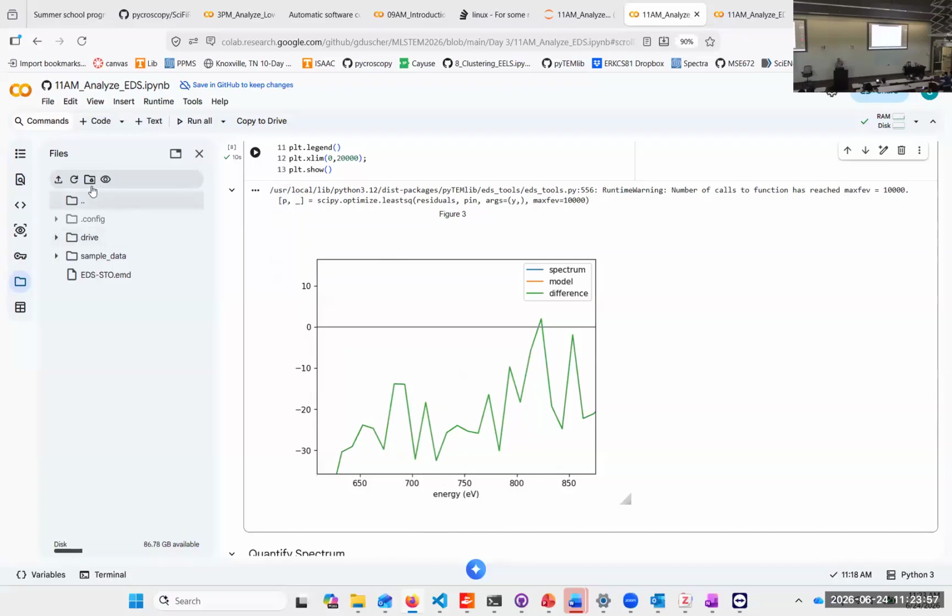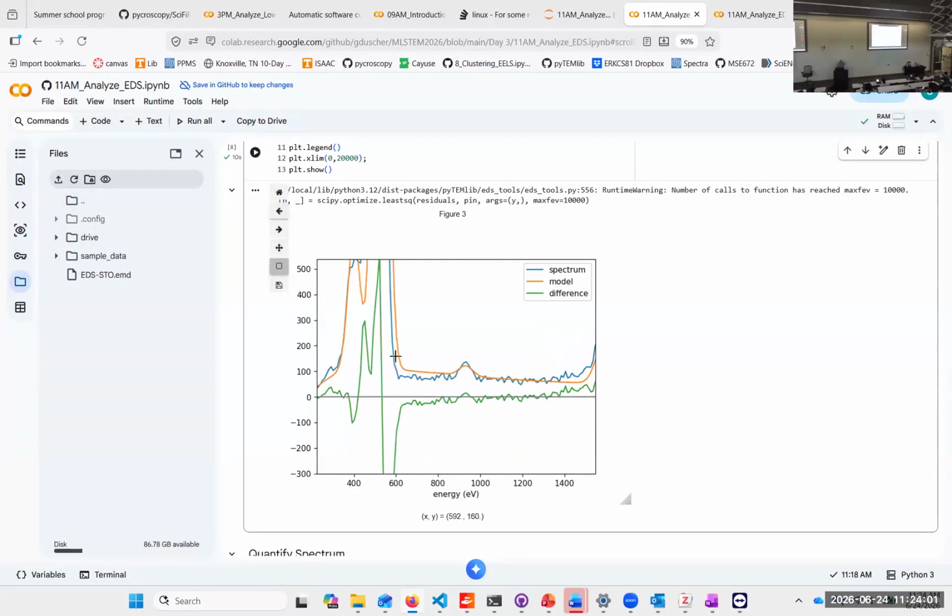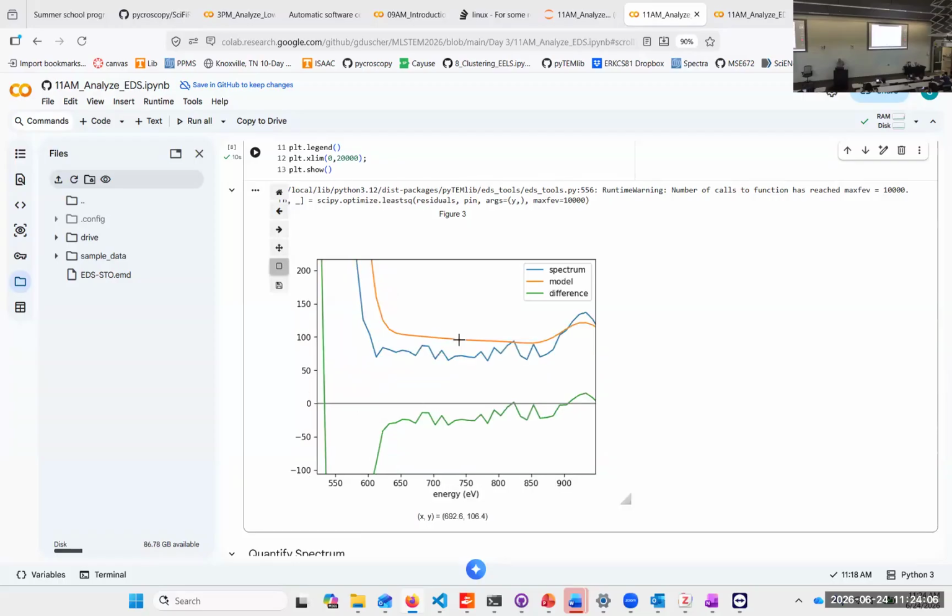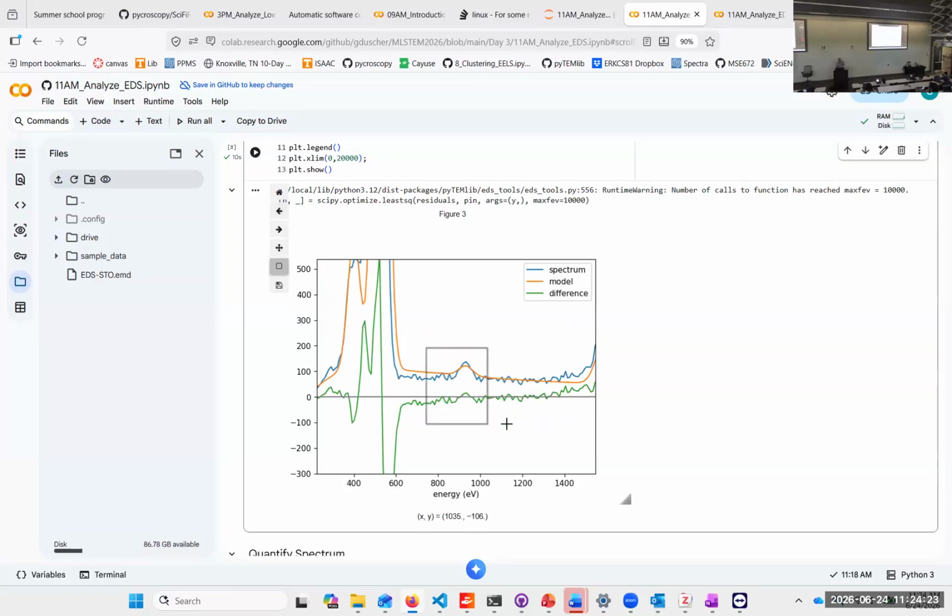Maybe that's not what I want to do. It's a bit too much, right? Let's go back. So I want maybe more like this. So the background error is relatively small. Could be that there's some ice buildup on the detector, or it just gets screwed up by this small peak here, right?